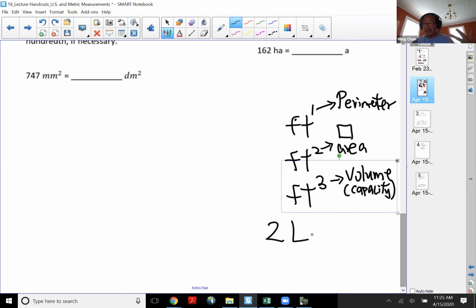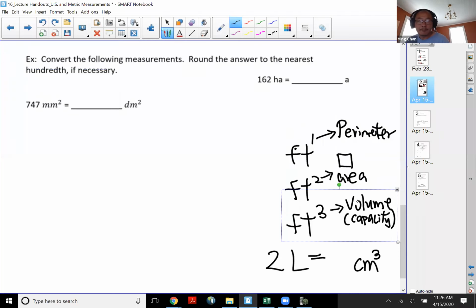Y'all see how big a 2-liter bottle is. That 2-liter bottle is referring to how much liquid goes inside that bottle. But 2 liters of Coca-Cola can also translate into some sort of volume. So that's why there's a close relationship between volume and capacity.